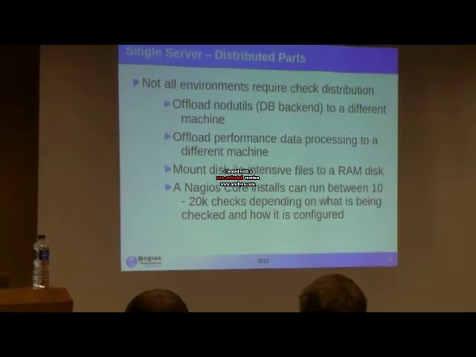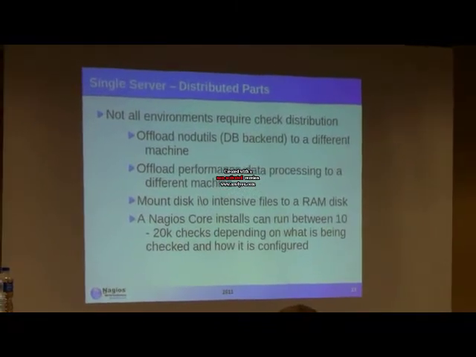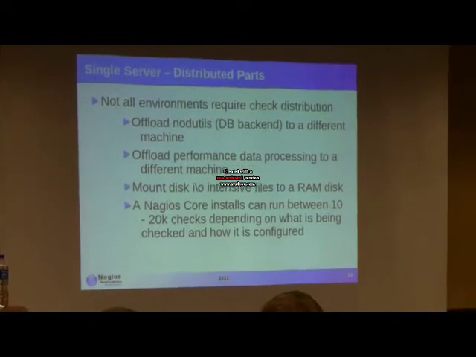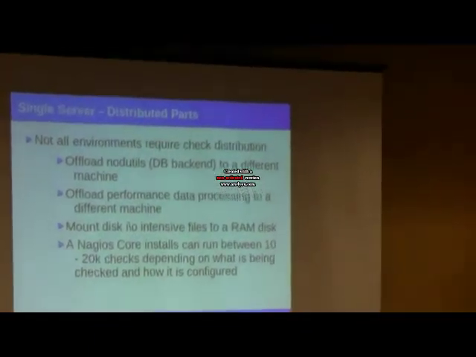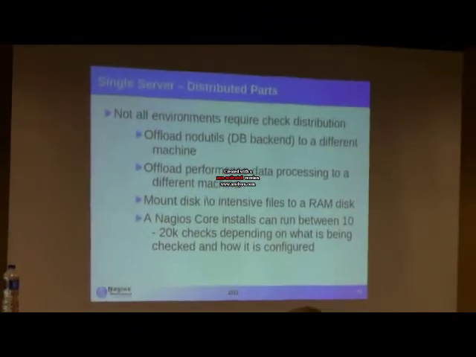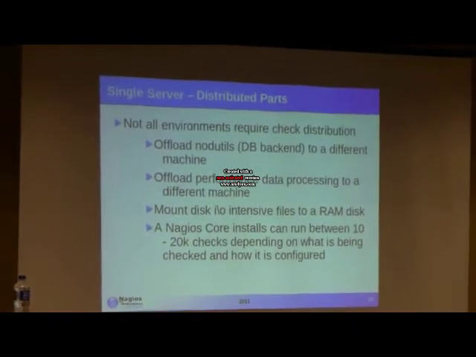Same thing for your performance data processing. I haven't implemented that myself, but I know people have done it. Daniel Whitberg did it for his installation. He had his own machine where all it did was process performance data. And so just splitting up the different pieces of the monitoring can also be an option, depending on your environment and the size.